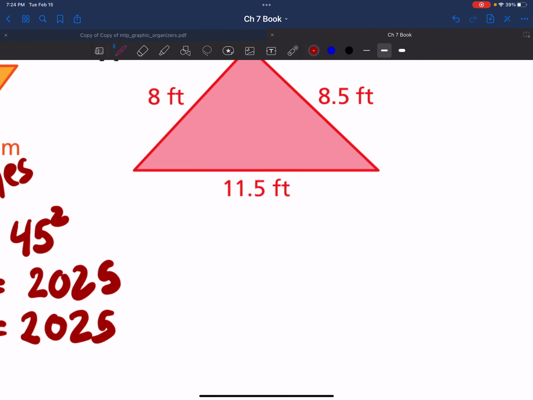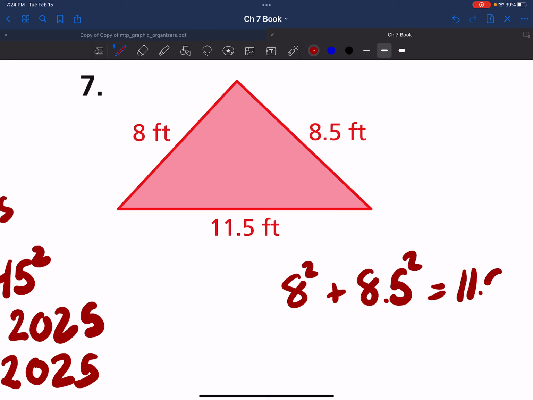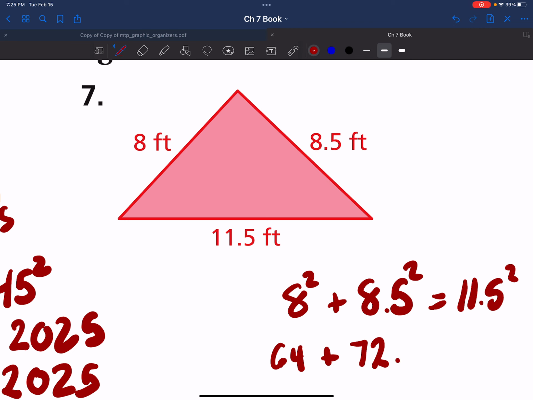All right, number 7. All right, we got 8 squared plus 8.5 squared. Does that equal 11.5 squared? Well, 8 squared is 64. 8.5 squared is 72.25. 11.5 squared is 132.25.